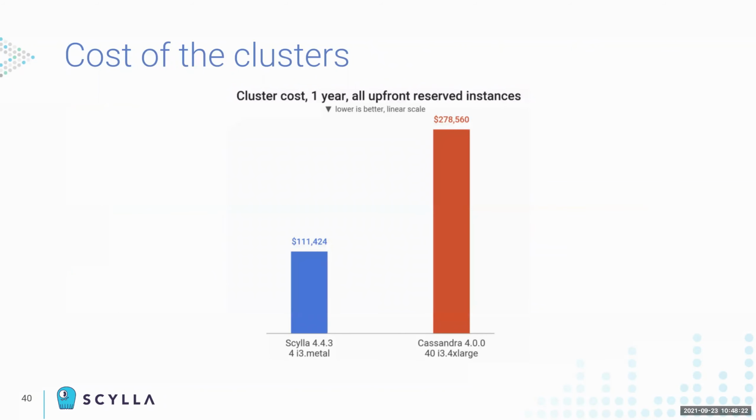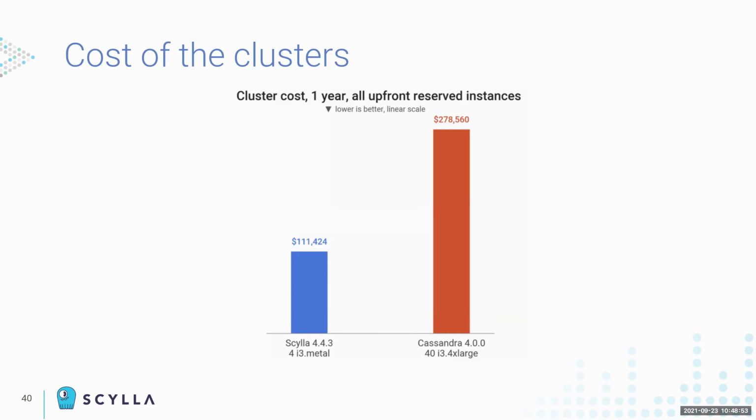So first of all, this type of benchmark is focusing on the fact that Scylla can run on a smaller number of instances. Of course, they are bigger, but looking at the total cost of ownership, the cost of Scylla for 1 year of ownership is around $100,000 US.